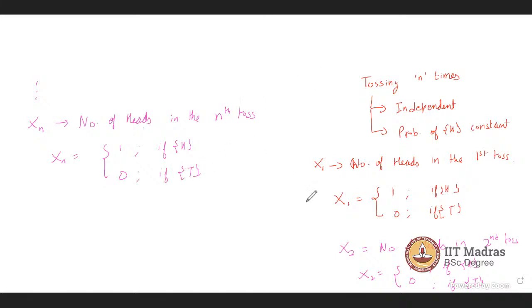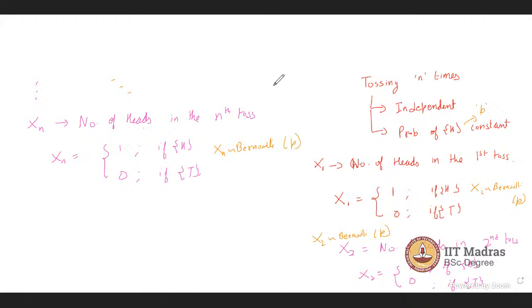If you notice carefully, here my x1 follows Bernoulli with parameter p if the probability of getting head is, let's say, p, which is constant for each toss. Similarly, x2 also follows Bernoulli. Similarly, x3, x4, and so on up to xn follow Bernoulli.